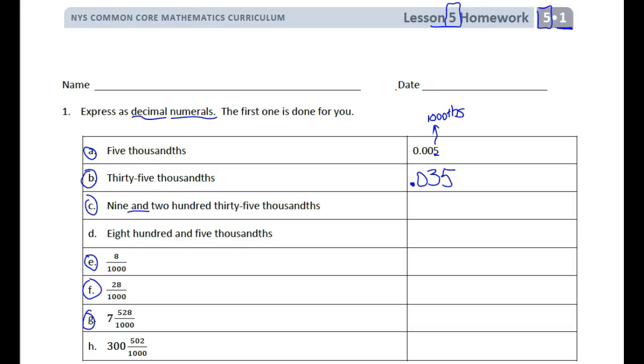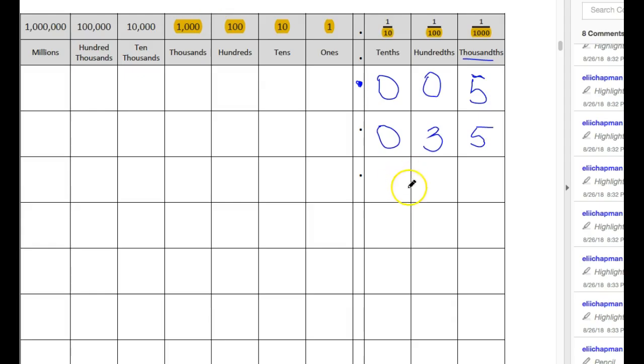So let's look over here. So if we have 235 and the 5 is again in the thousandths place, it told us that before the decimal, because it said and, we have a whole number. 9 and that much.